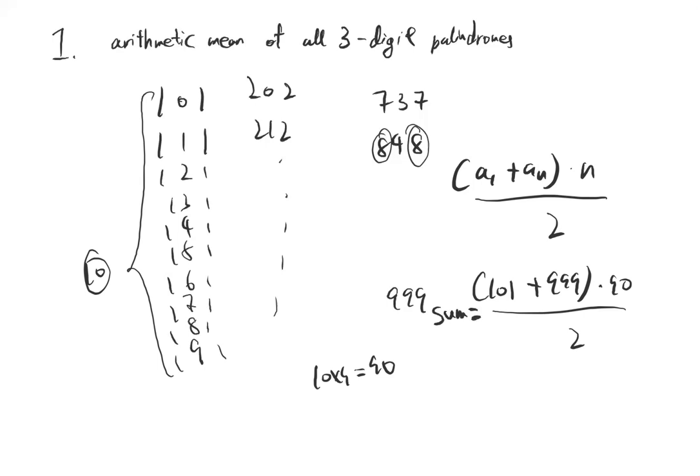If we want to find the mean, it has to be the sum divided by the total number of terms, which is 90. So the 90 cancels out, and it becomes 101 plus 999 divided by 2. So the final answer is 550. This question, I would say, is the easiest problem on this exam.